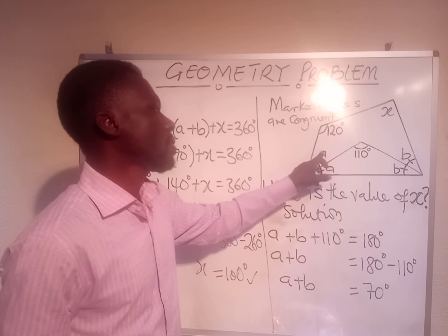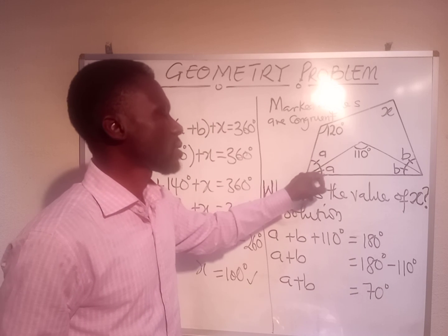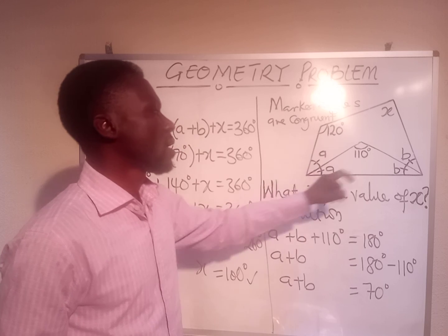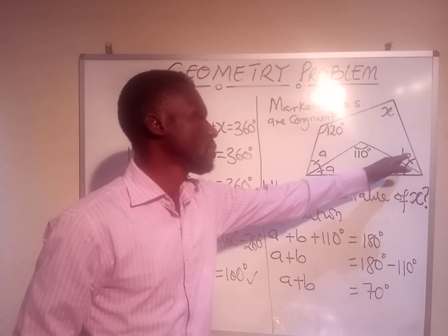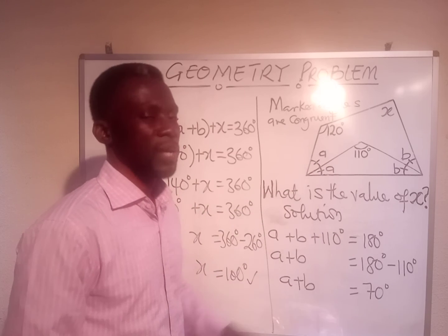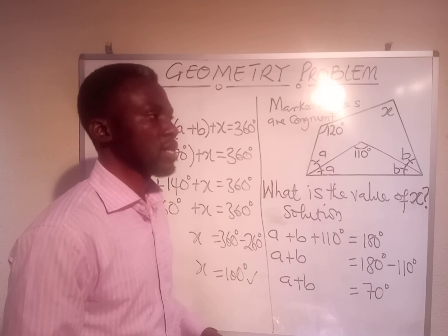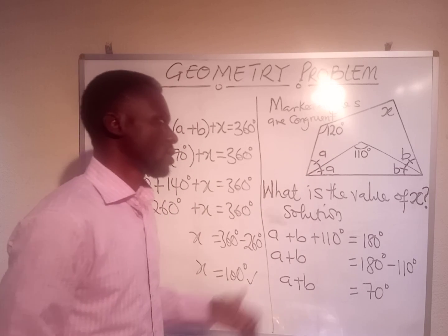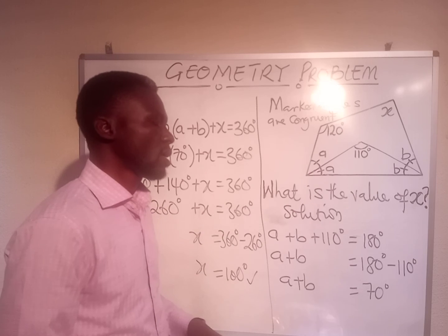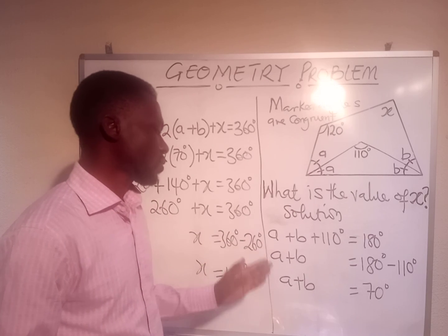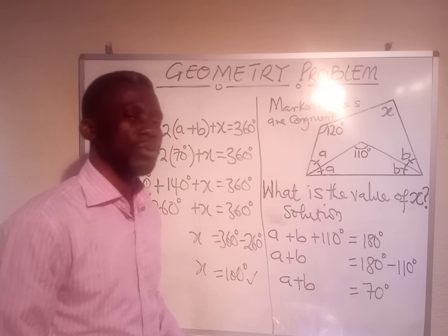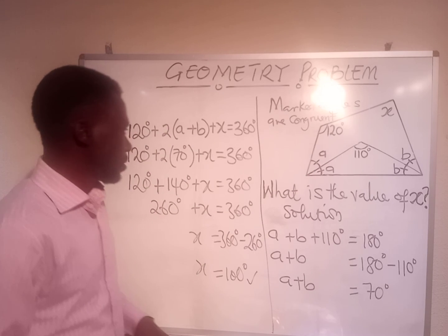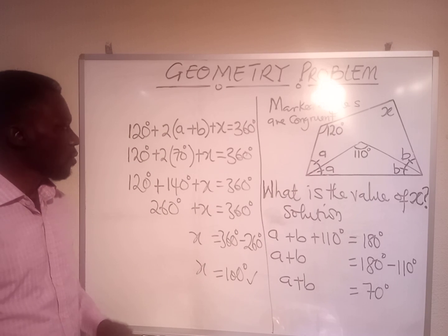So that is A plus A, so 2 times the value of A, plus 2 times the value of B, because we have B plus B, and here we have A plus A. So A plus A is the same as 2A. So 2A plus 2B will now be equal to 2 times 70, which is 140, because our A plus B from here is equal to 70 degrees.